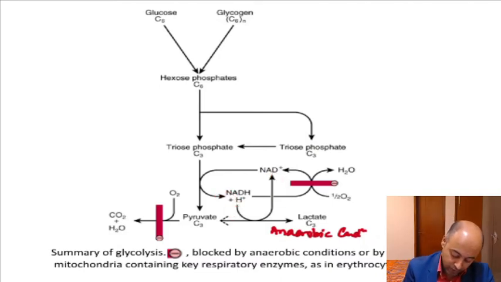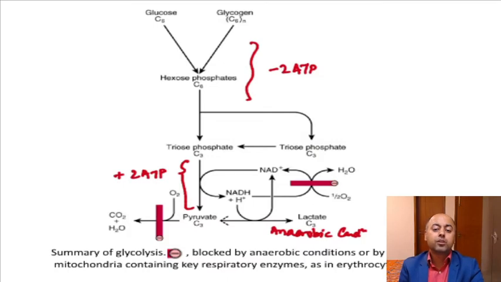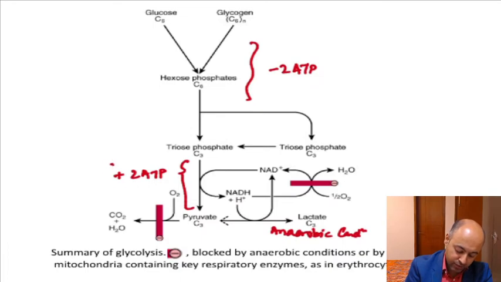In addition to this, during the conversion of triose phosphate to pyruvate, two ATP are formed, and during this preparatory phase, two ATP are consumed. We have two trioses which have to get metabolized.